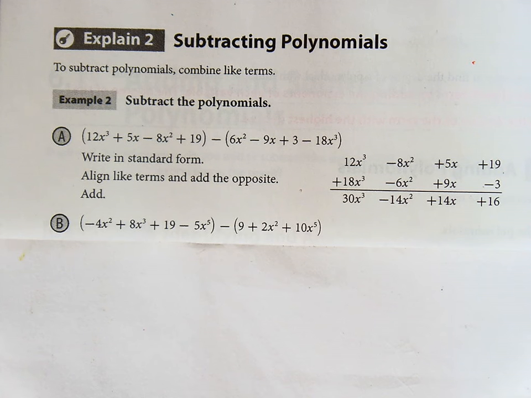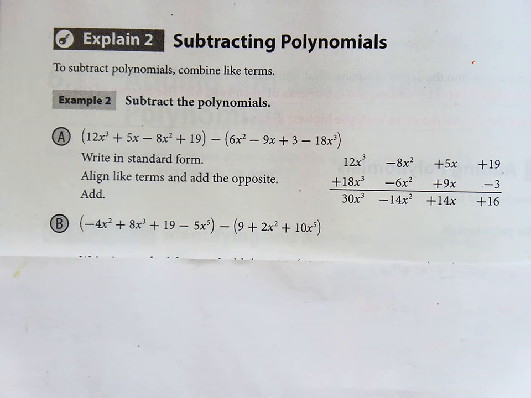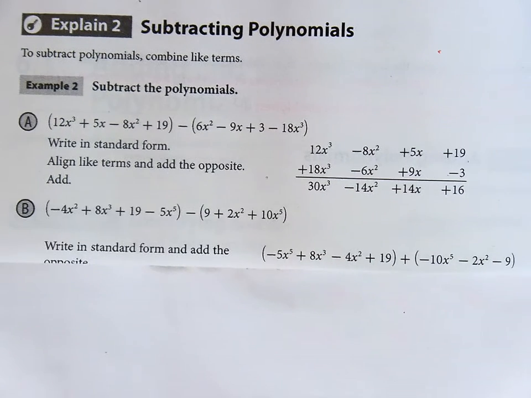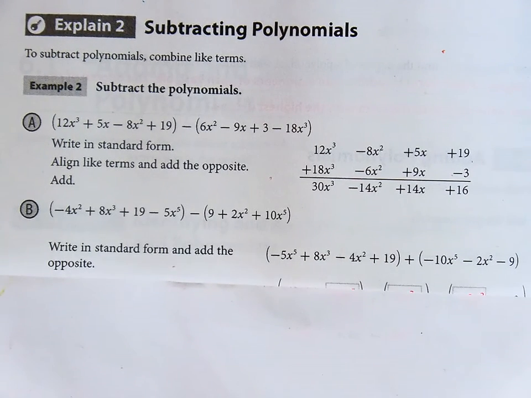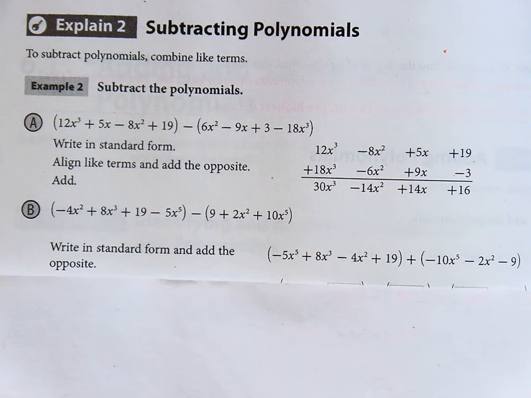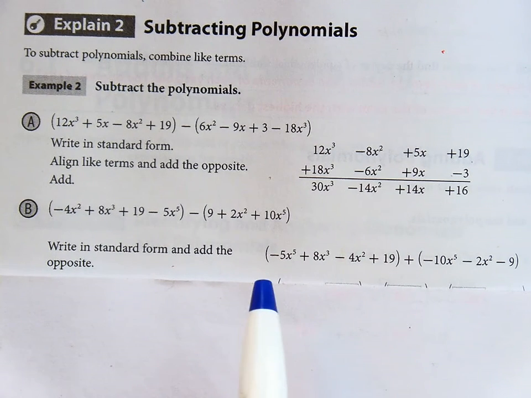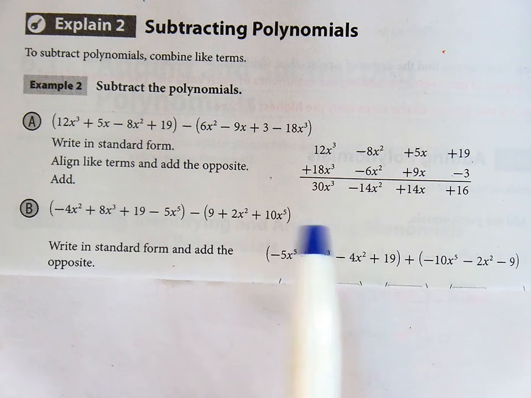Alright, so B. And again, look at the same thing. Look how possibly to set it up and how to group them, how to distribute. You can write in standard form the opposite signs. Okay, so notice that we have our one here and one here.